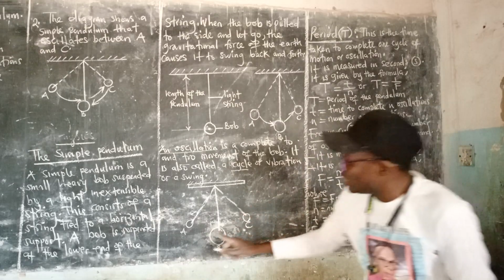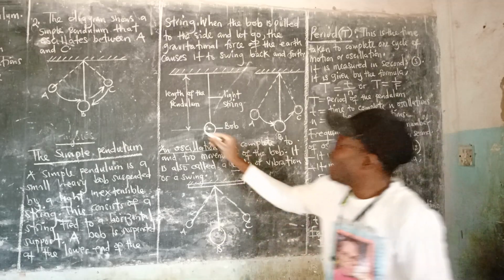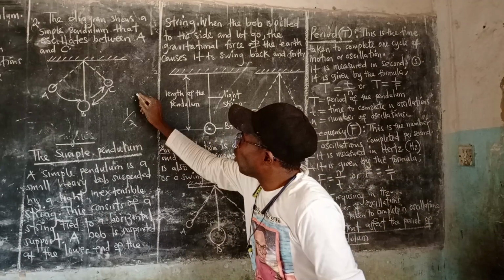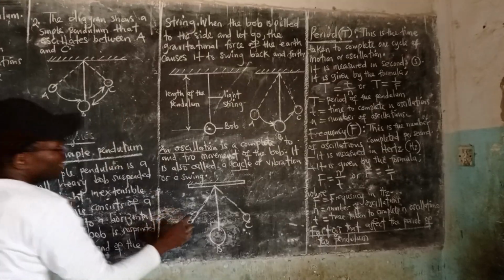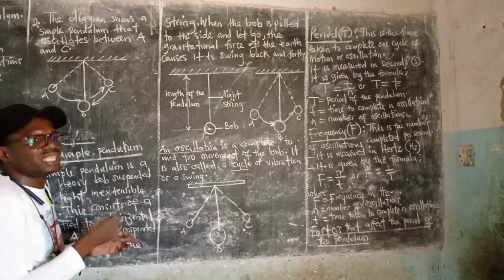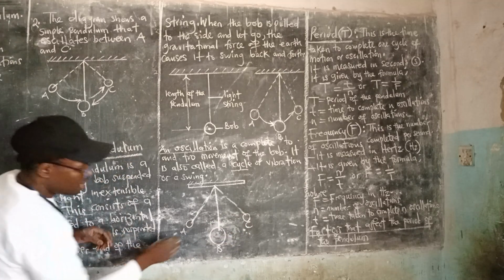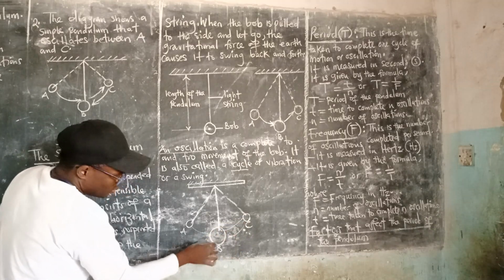Now, when the bob is swinging from A to B, what fraction is this? Is it half or a quarter? For it to make one complete oscillation, how many swings are there all together? 4. They say 1, 2, 3, 4.